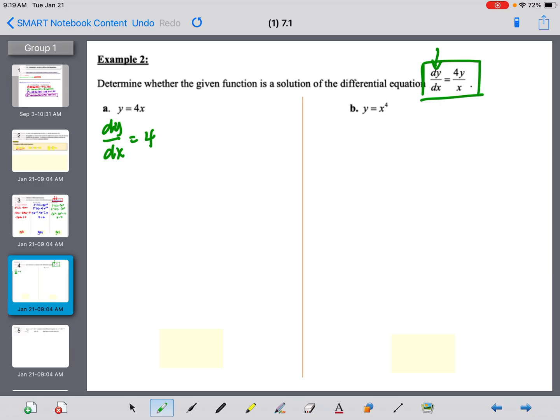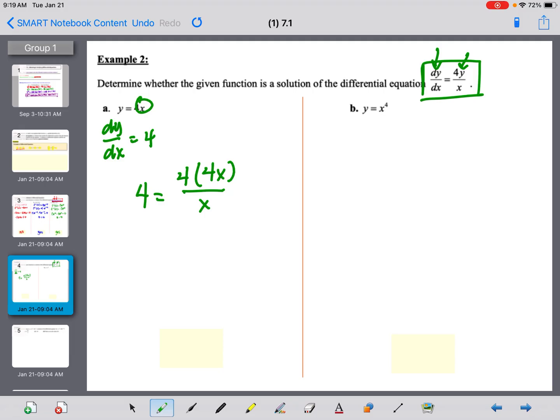So as I plug everything in, I'm going to say, is 4 equal to 4y over x? Well, 4y is going to be 4 of my y's, and my y's are also 4x, over x.